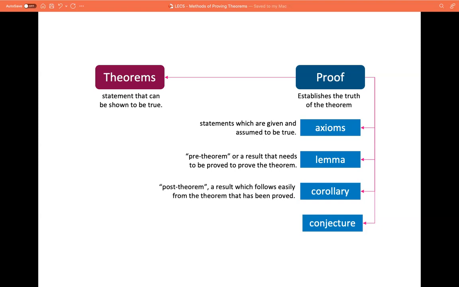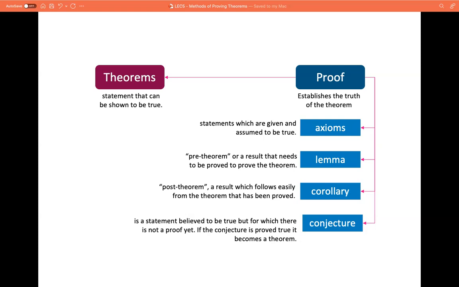A corollary, on the other hand, is a theorem that can be established directly from a theorem that has already been proven. A conjecture is a statement that is believed to be true for which there is not a proof yet. If the conjecture is proved to be true, then it becomes a theorem.